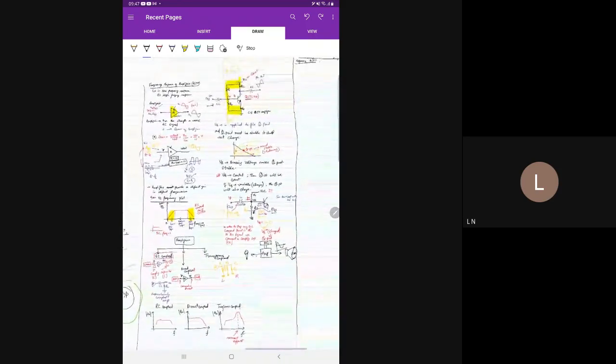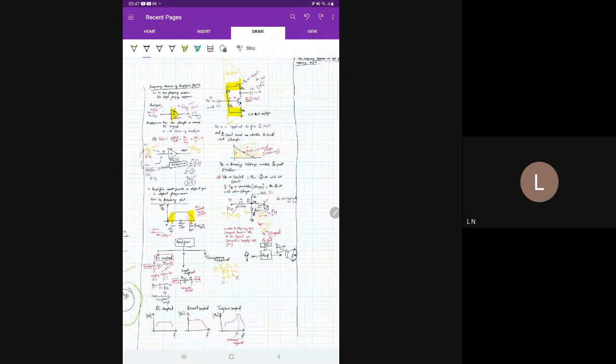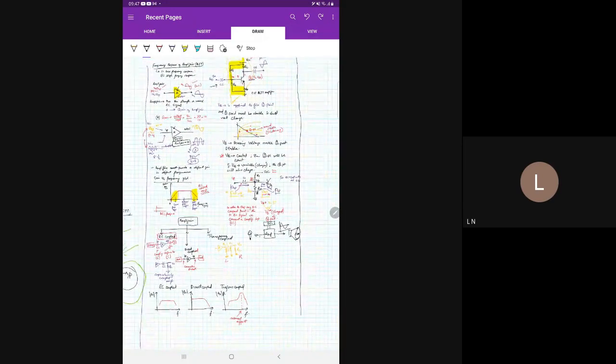In our previous lecture we discussed the frequency response of amplifiers, especially BJT. We had a brief discussion about gain versus frequency response of the amplifiers. We said that gain versus frequency response looks as I have shown in the diagram. There are three different types of gain versus frequency response.